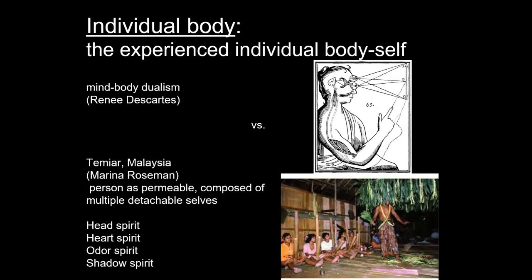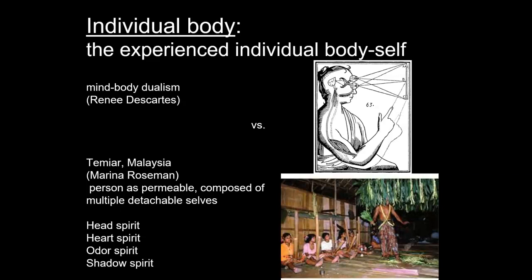René Descartes, the philosopher, is often the reference for this particular model. The idea of mind-body dualism, this is his diagram here, is that the mind is the primary site of your personhood. Your body is the vehicle for your thinking mind, and that is really what constitutes yourself.